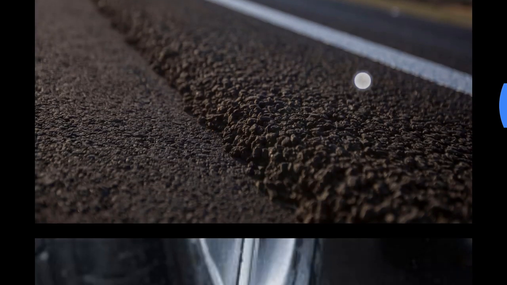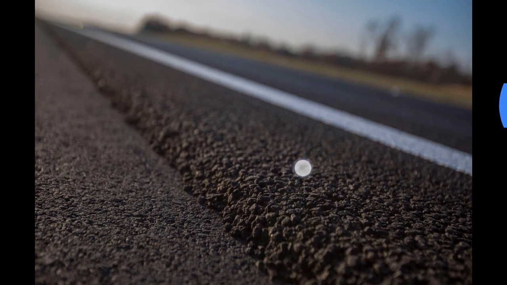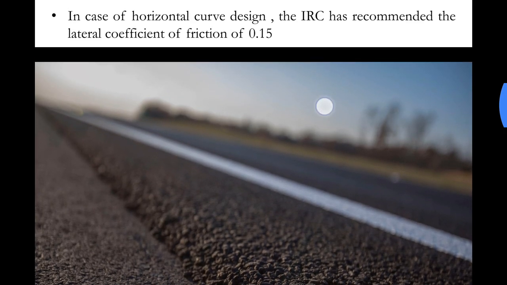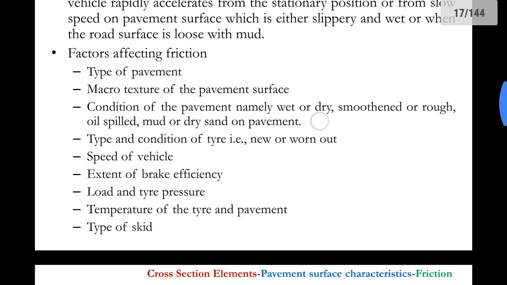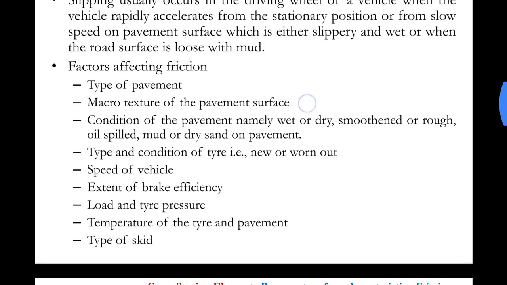Here is an example of a bituminous road. Here you can see grains, so these offer good friction. Next is macro texture of the pavement surface.